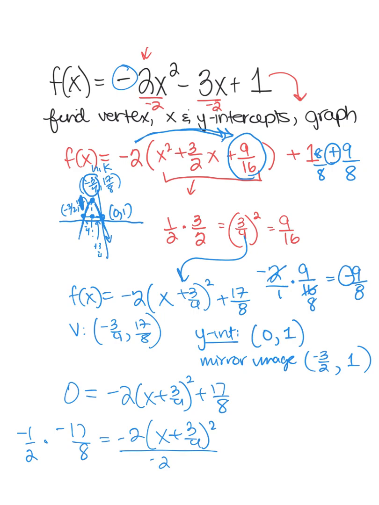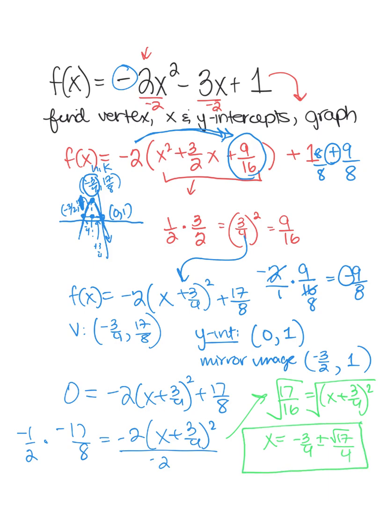And I'm going to get 17 over 16 equals x plus 3/4 squared. Take the square root and solve. You should get -3/4 plus or minus the square root of 17 over 4. All right, -2x squared minus 3x plus 1. It was a -3/4. What did I do wrong? Let me go back.